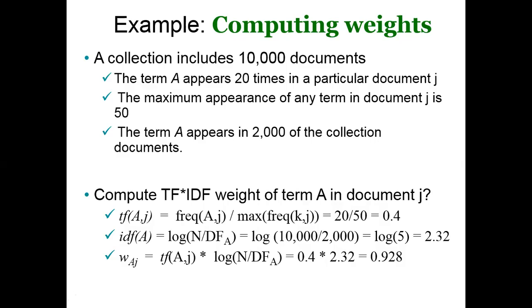So that means term A is relevant for representing document J because it is appearing frequently in document J, but appears in only some of the documents out of our collection of 10,000, in 2,000 of them.